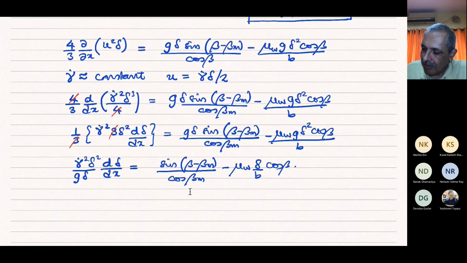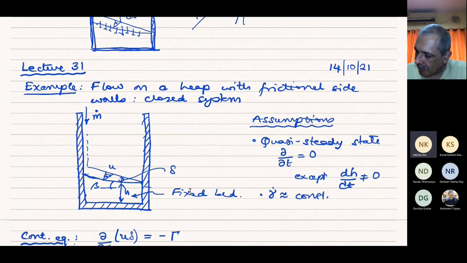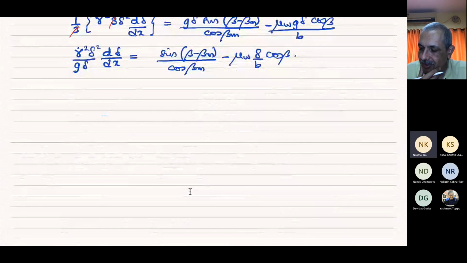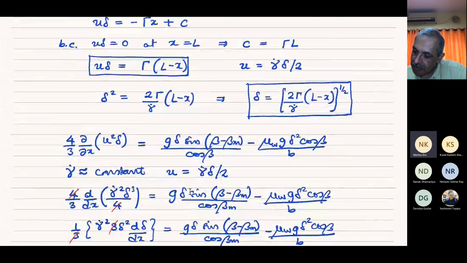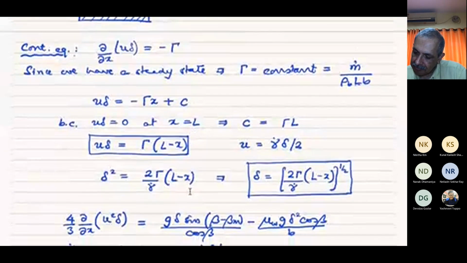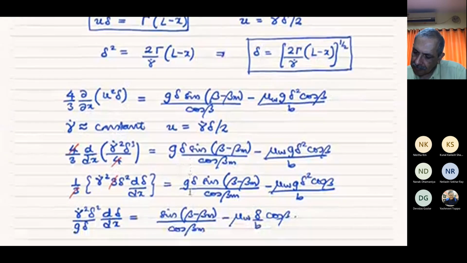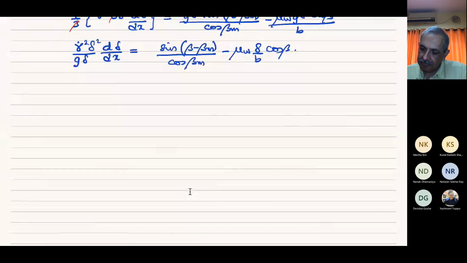So let me change that a little bit. Instead of taking mu w 0, I'm taking gamma dot approximately constant. Sorry. Okay, sir. So then now we can look back at this and see, we know what is d delta by dx, since we are given over here.